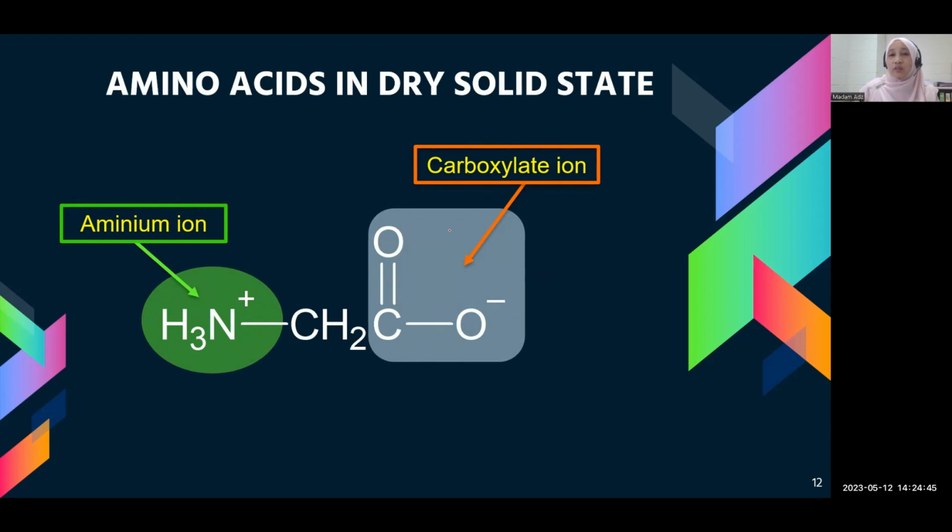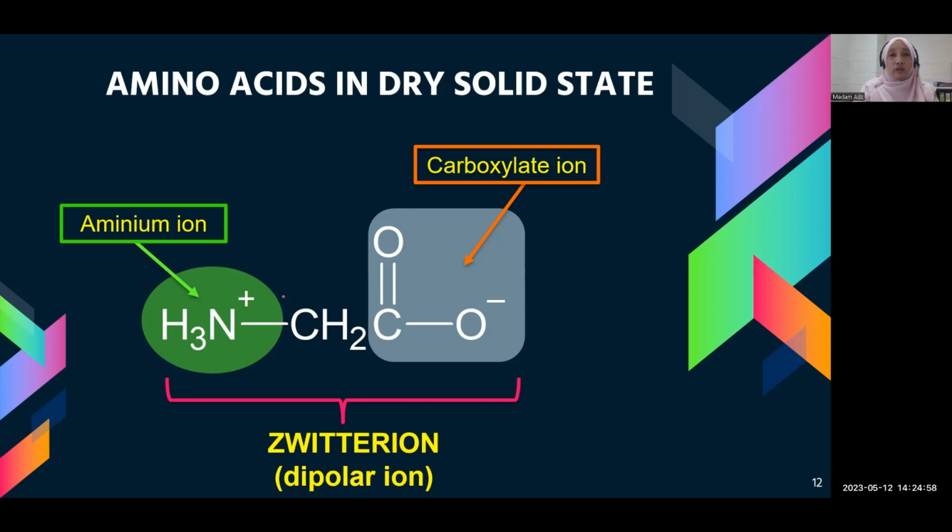Bahagian carboxylic acid tu dia akan hilang H+ dan membentuk carboxylate ion. Dan bahagian amino tu dia akan membentuk aminium ion, NH3+. And this is what we call zwitter ion. And what is zwitter ion? Zwitter ion adalah, I think Greek, word meaning dipolar ion. Dipolar ion sebab ada charge positif dan negatif on the same structure. So ini apabila dia dalam dry solid state.